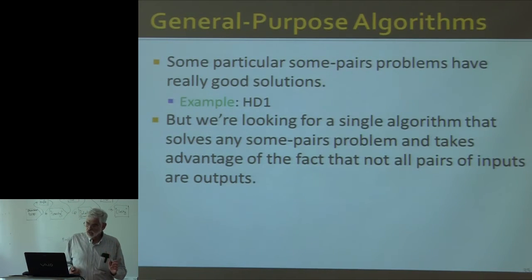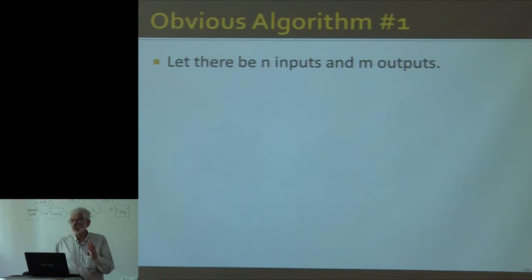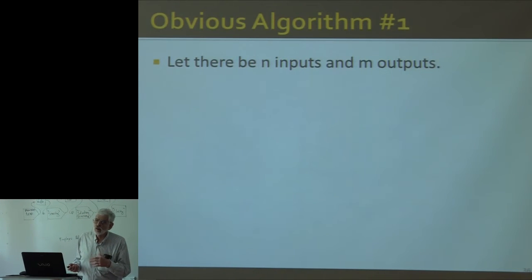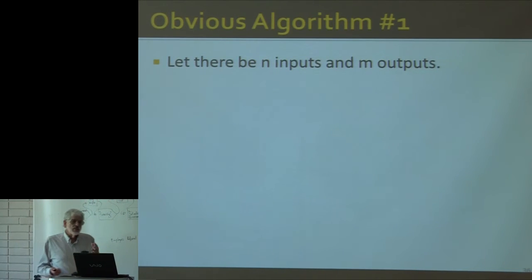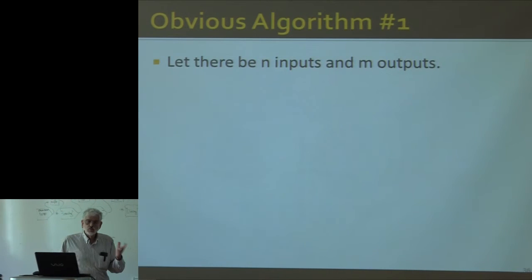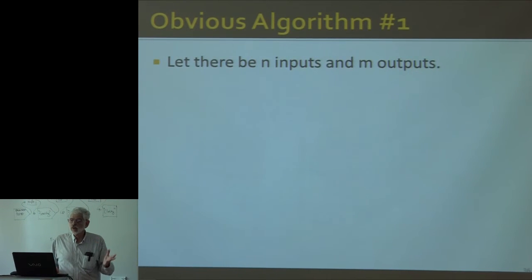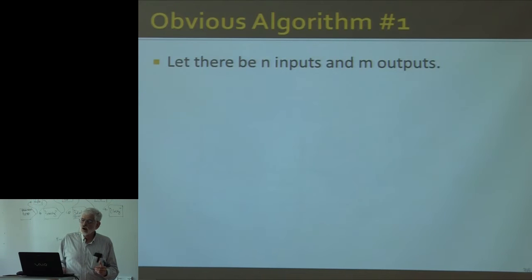And again, it turns out that there really isn't. But let's suppose that there are n inputs and m outputs. Now m could be n choose 2, or about n squared over 2, or it could be much less.